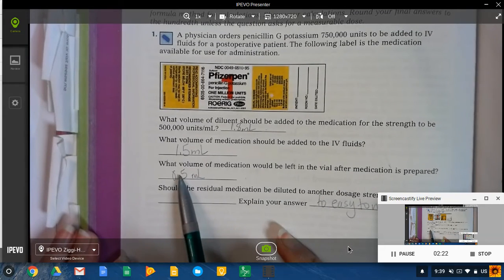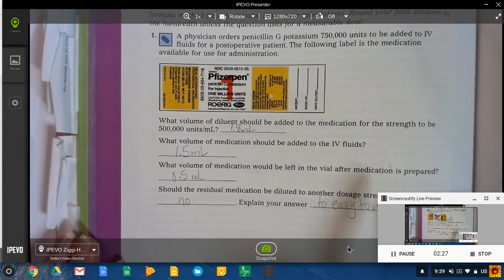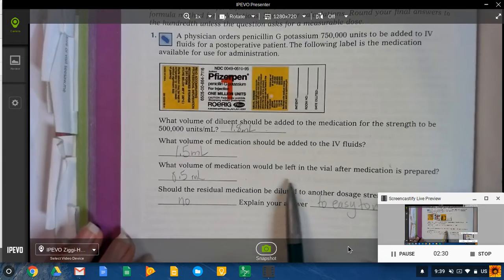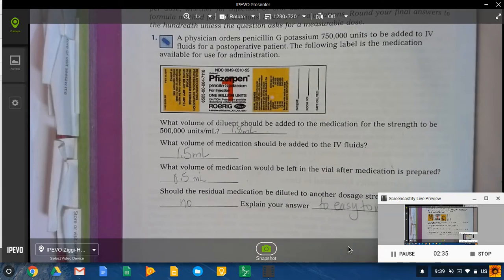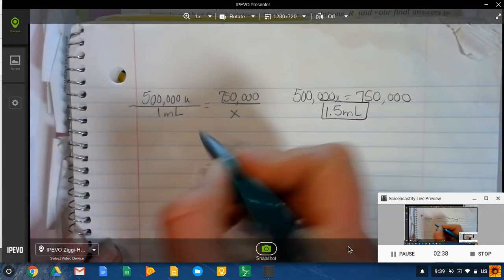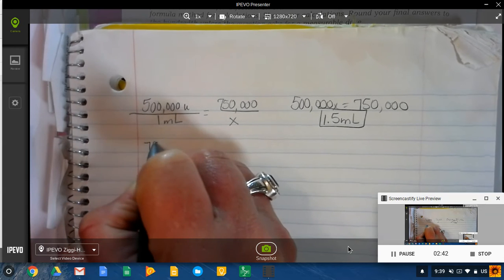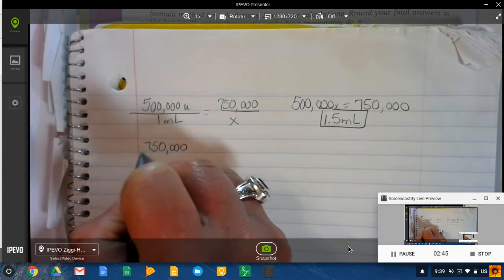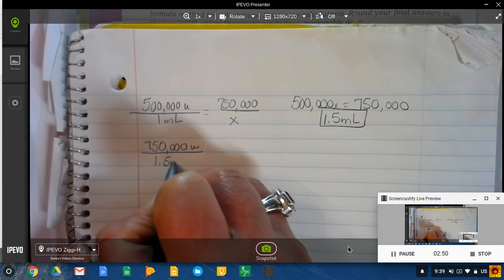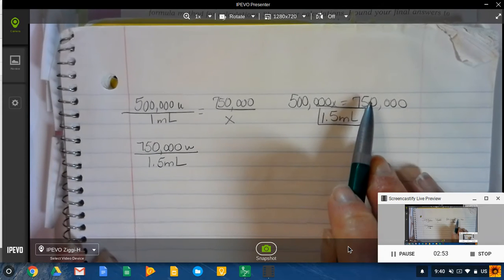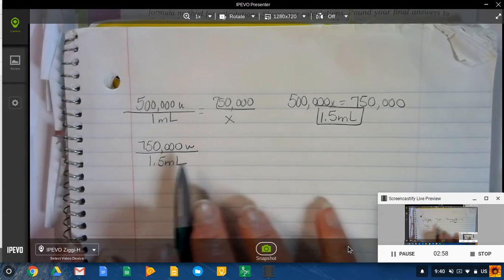Now, the next part is asking what volume of medication would be left in the vial after the medication is prepared. So once you've prepared that, you know that this new preparation has 750,000 units in 1.5 milliliters. You've just figured that out. You want 750,000, and you know that you use 1.5 milliliters to do that.